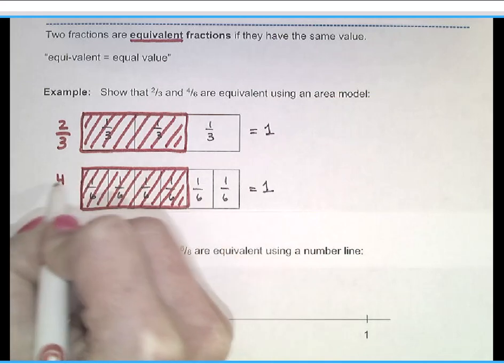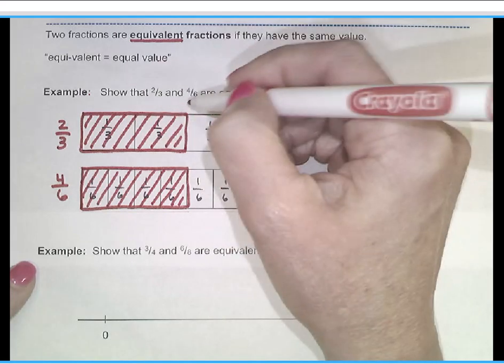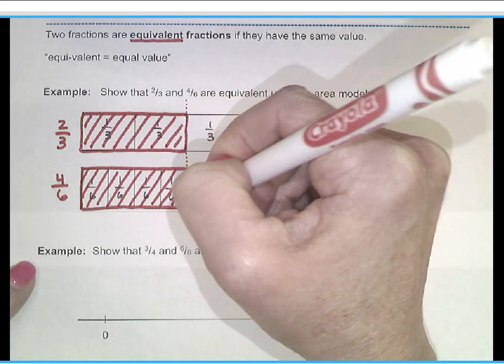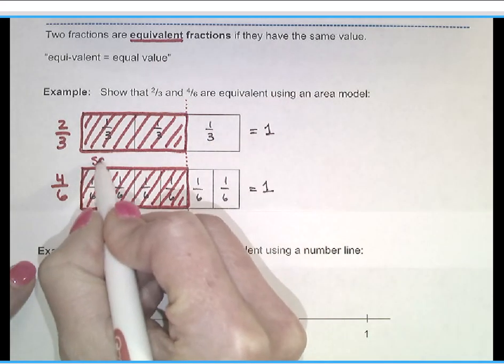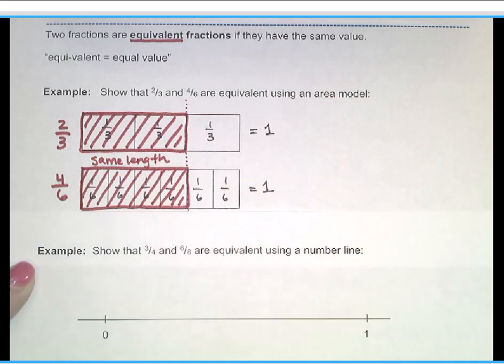So this is 4/6. You can see that they're actually the exact same length. Because those shapes are the same, I'll put in here, same length, that proves that 2/3 and 4/6 are actually equivalent fractions, because when you draw them with an area model, you get the same length.